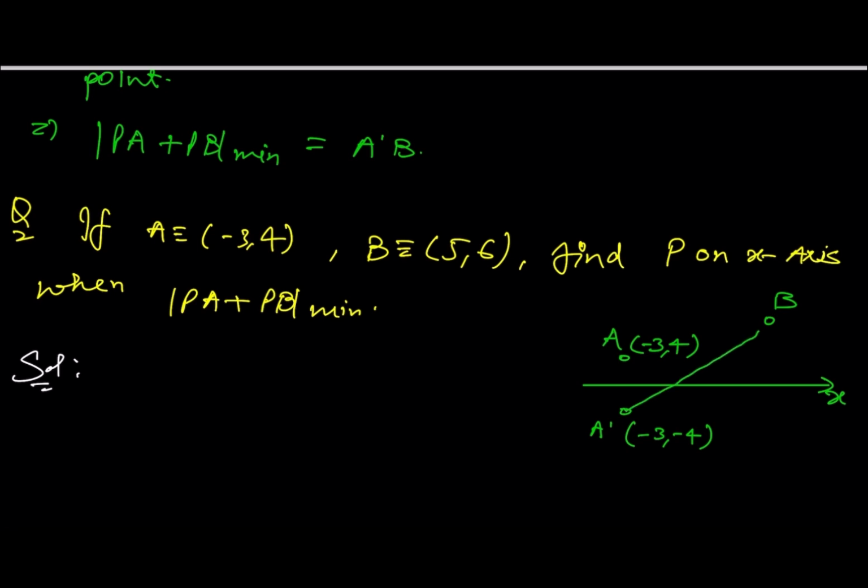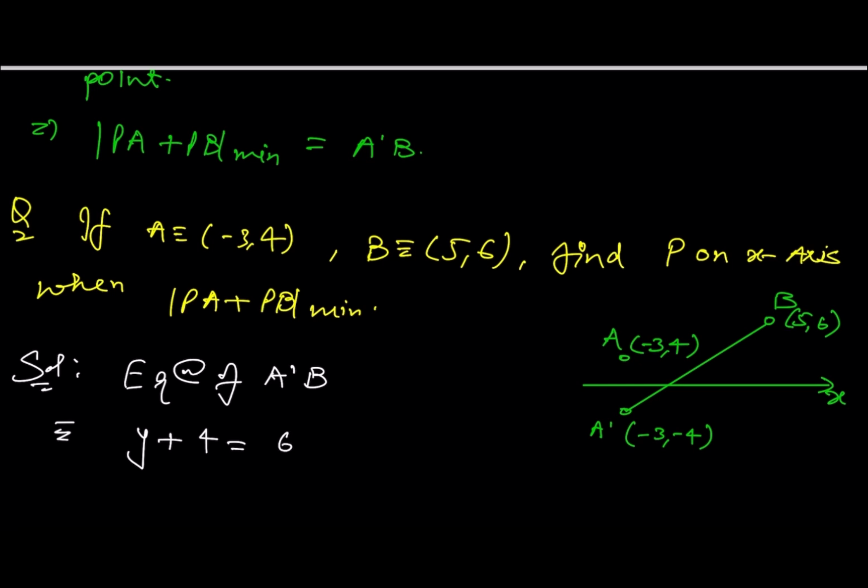Now using 2-point form we can find equation of A dash B. B is 5 comma 6. Okay, so equation of A dash B is what? Y plus 4 is equal to 6 plus 4 upon 5 plus 3 into x plus 3.